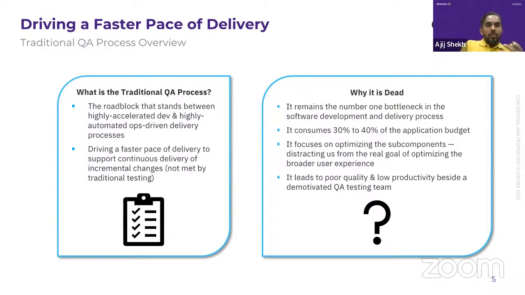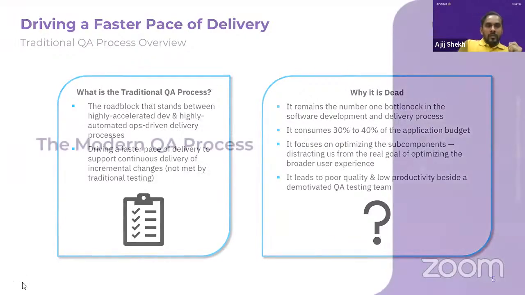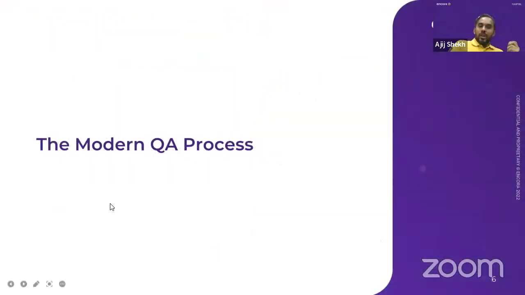Okay, now we are moving on to the next topic. What is the modern QA process? I have already explained it. It is an iterative approach, which means we follow some agile methodology. It's the best example of the modern QA process.